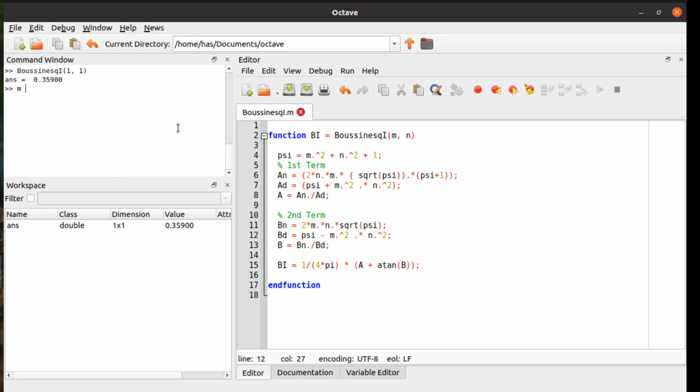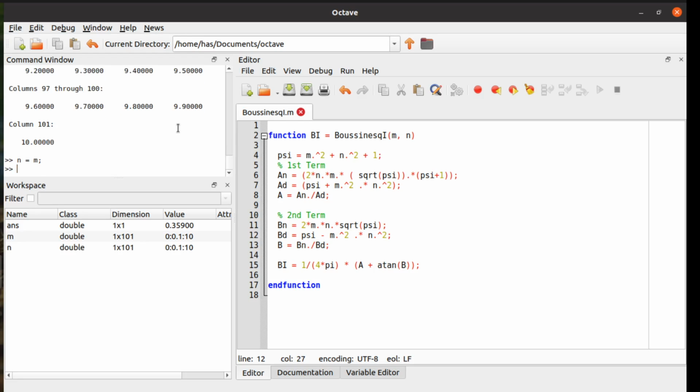Let's see. Let m equal 0 to 10 in steps of 0.1, and n equal 0 to 10 as well, so n is also m. Now m comma n equals meshgrid of n m.